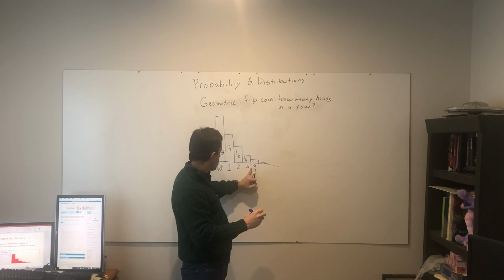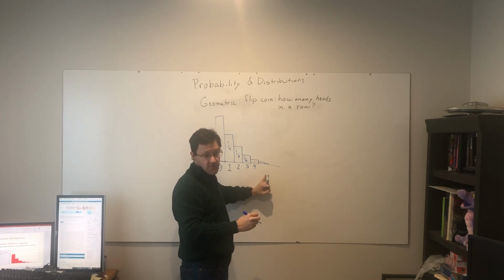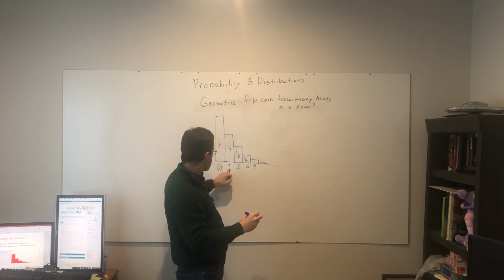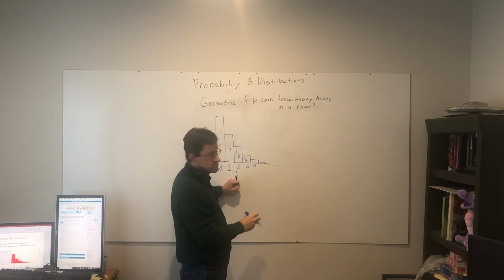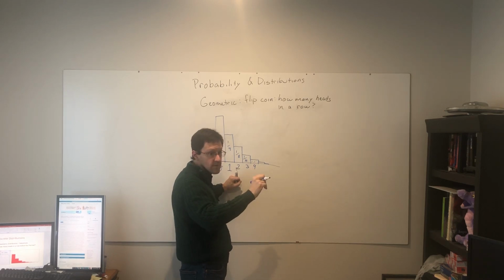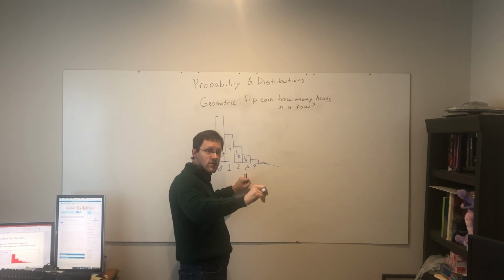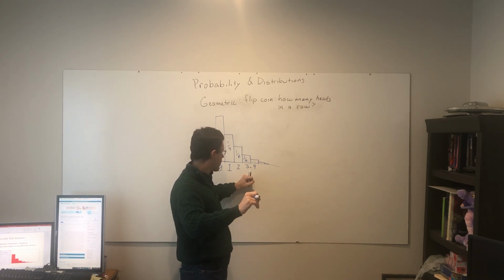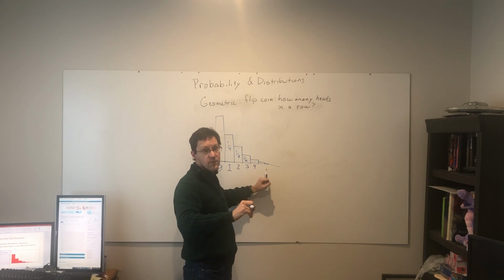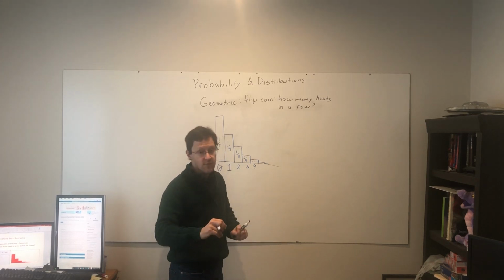With each subsequent head becoming half as likely. So getting 2 in a row, that'll happen an eighth of the time, stopping at 2 in a row. If you continue on to the third, then the chance of stopping at 3 is 1 out of 16, 1 out of 32, 64, 128, 256, 512, 1024, and so on.